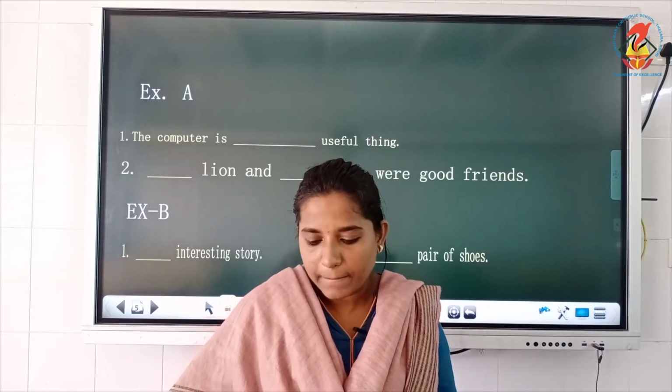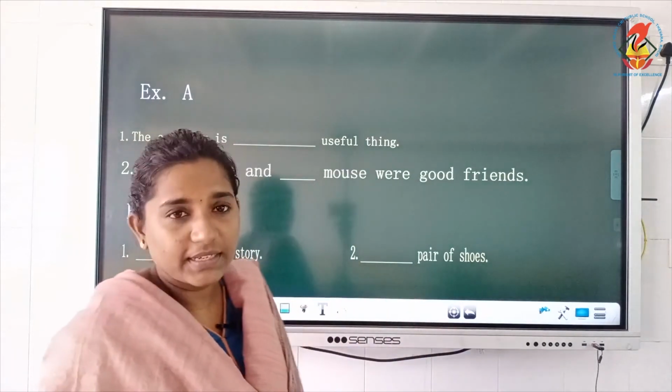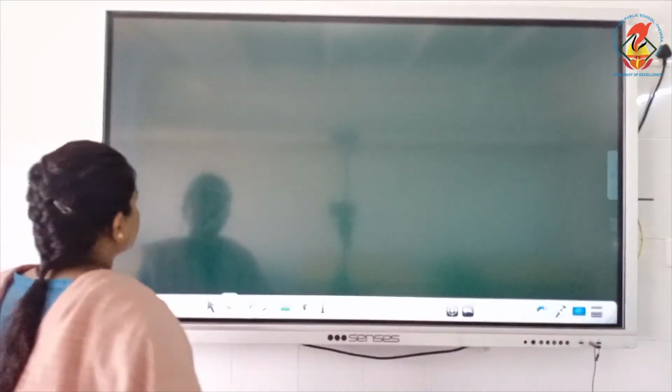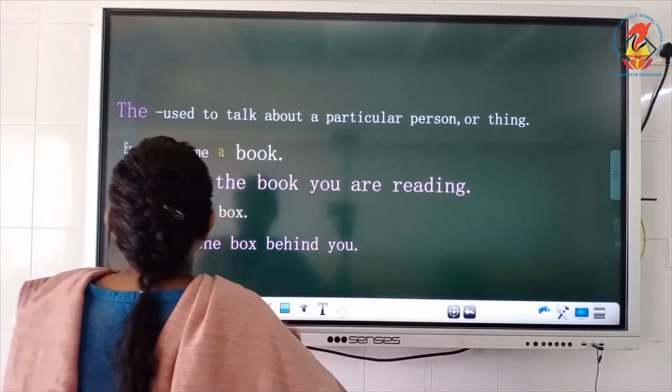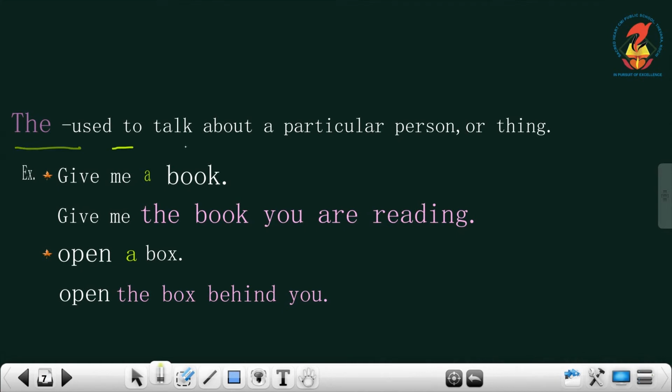Okay. Now, moving on, the article the. Article the is used to talk about a particular person, thing or animal.